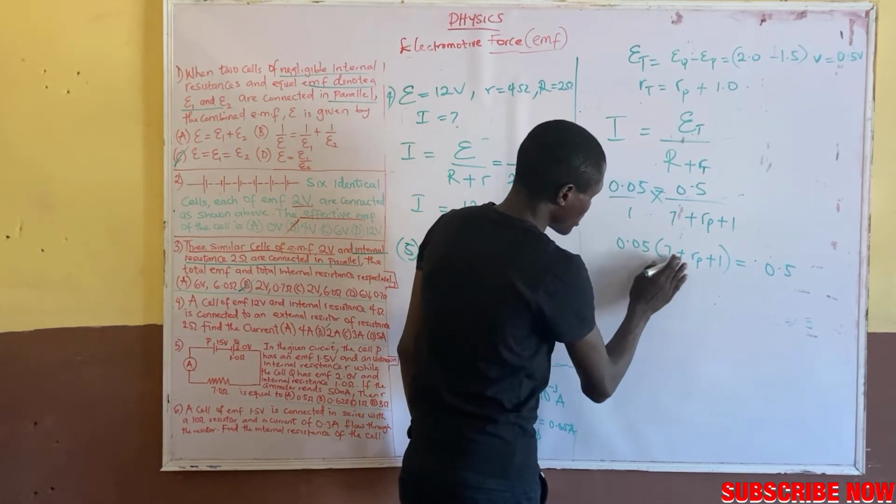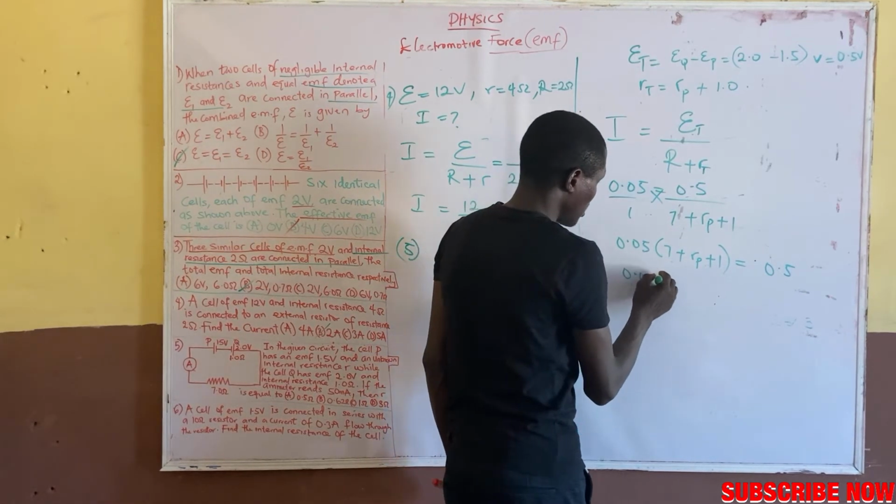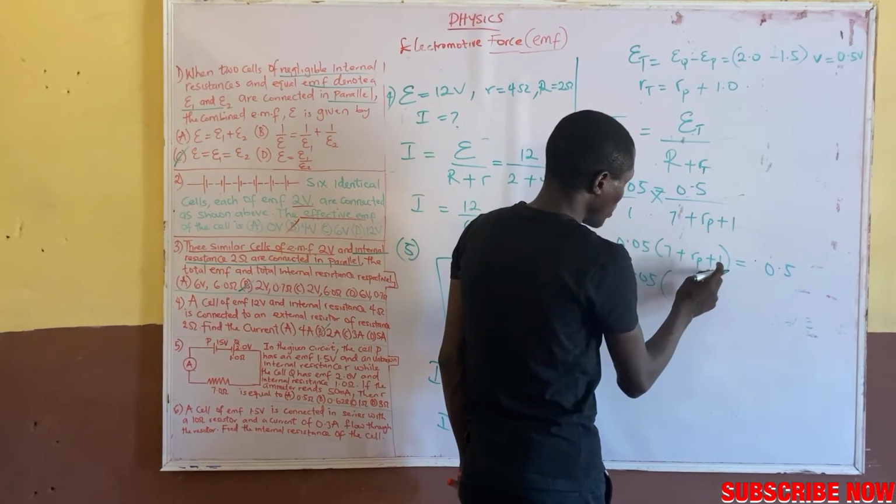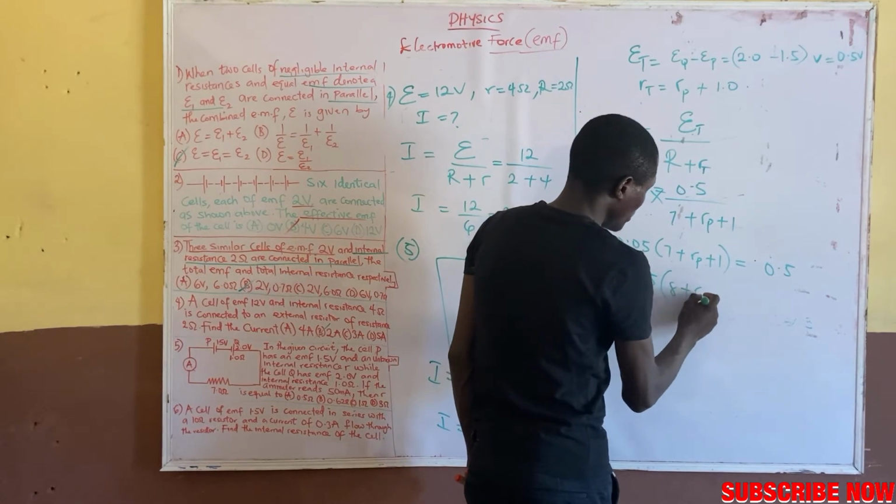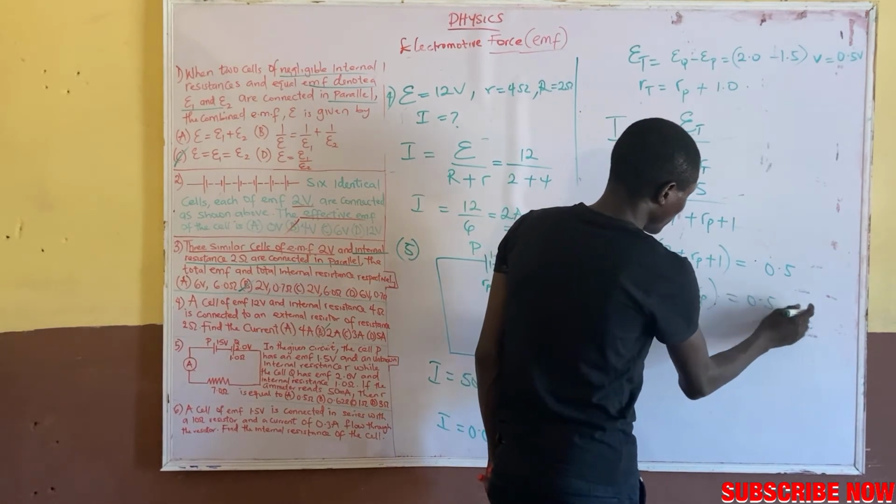Let's first add this together. 0.05 into bracket 7 plus 1 is 8, plus Rp, equals 0.5.